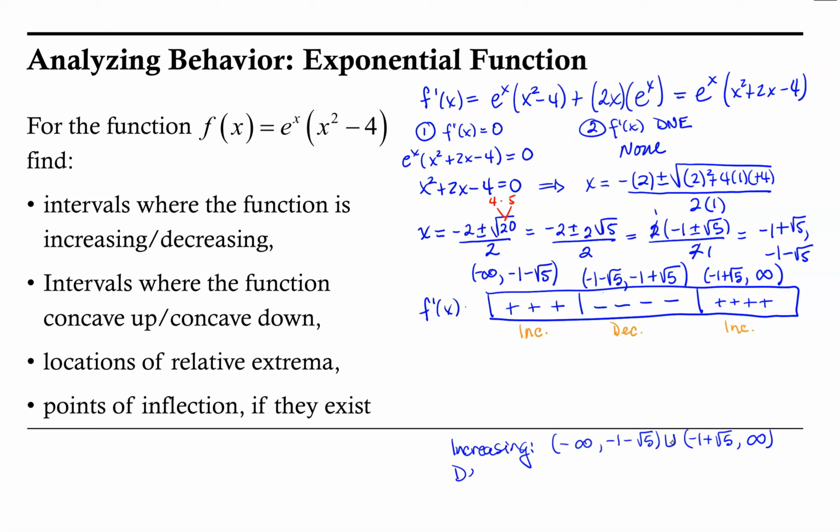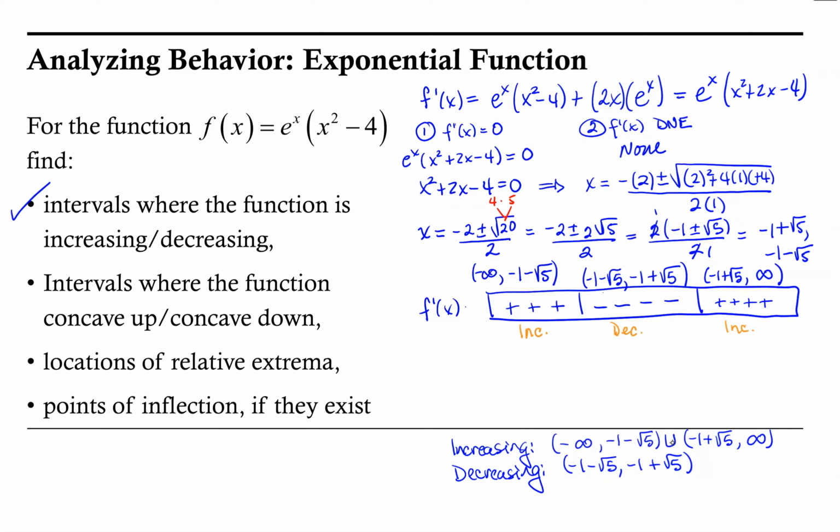We can say that our function is decreasing on the interval from -1 minus square root of 5 to -1 plus square root of 5. And so now we've determined the intervals on which our function is increasing and decreasing.